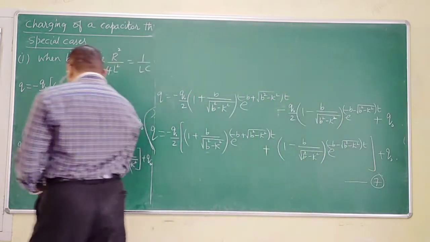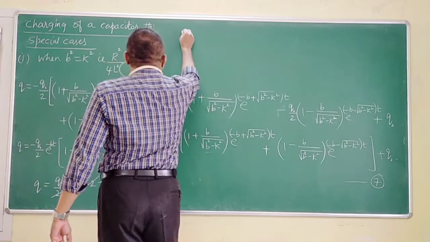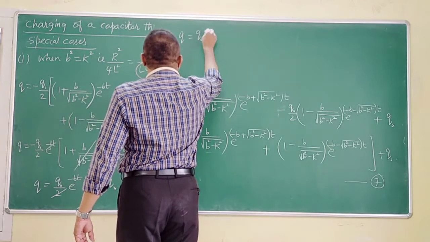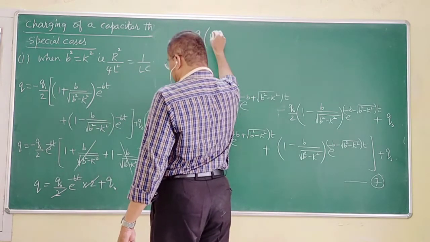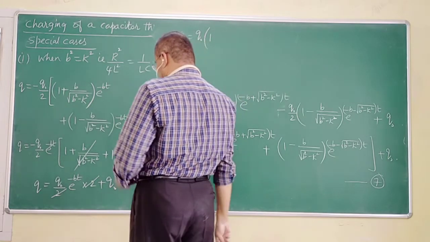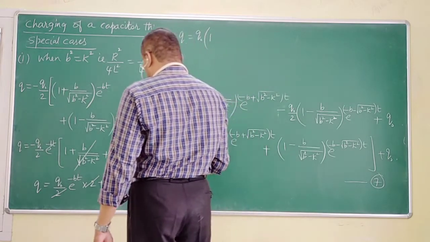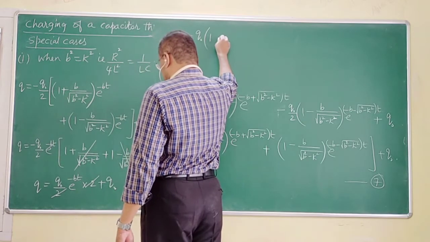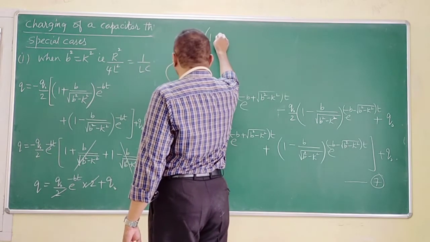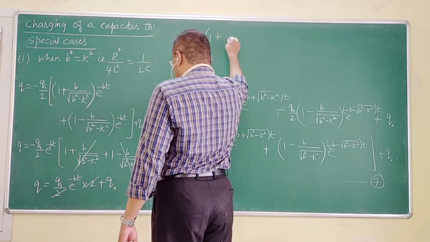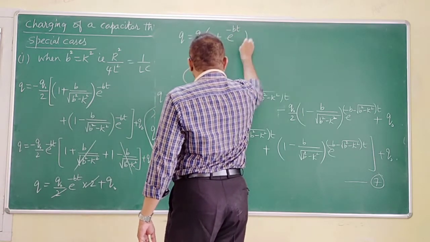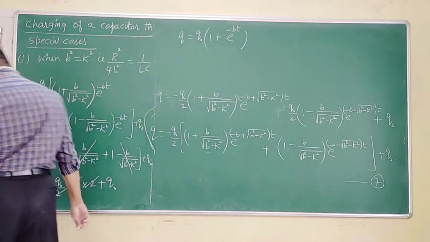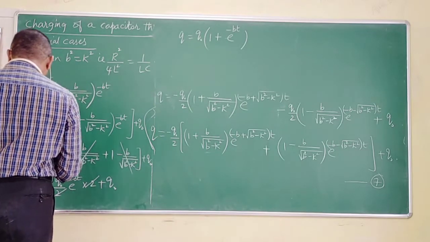This expression will become q is equal to q naught 1 plus e to the power minus bt. Let us check whether the equation is correct.